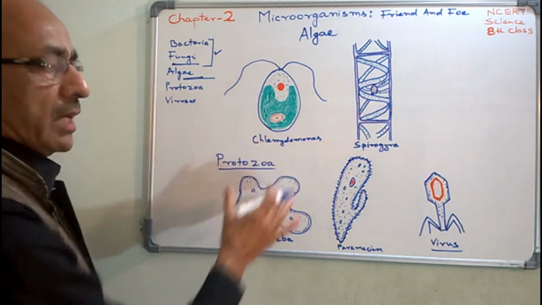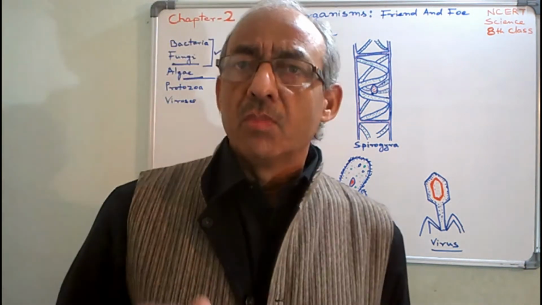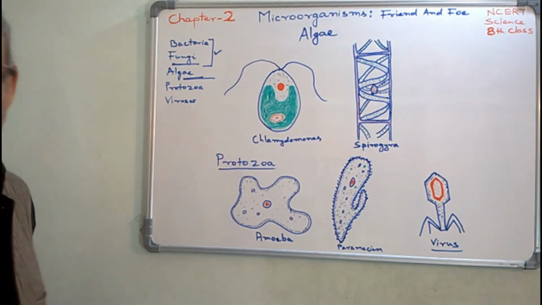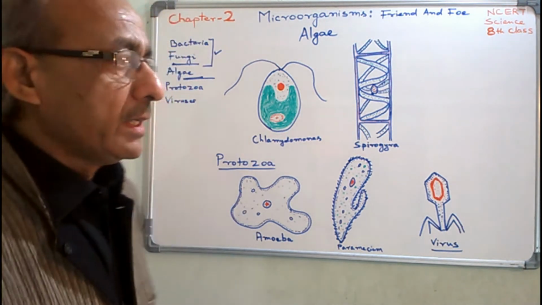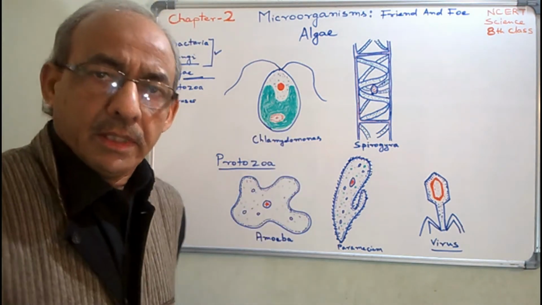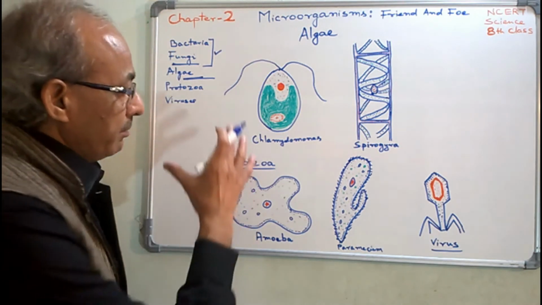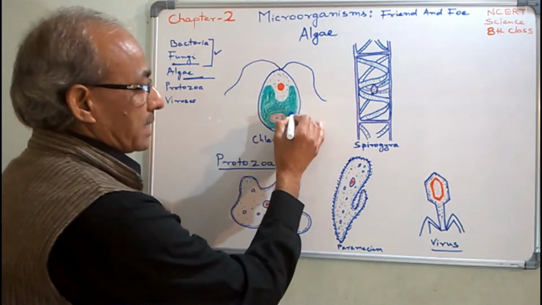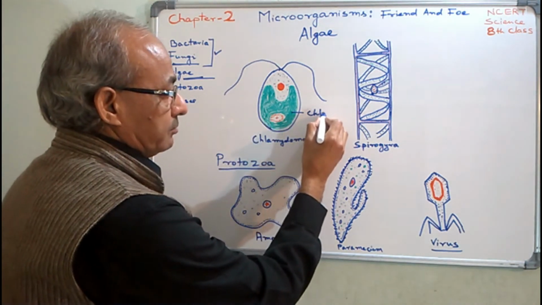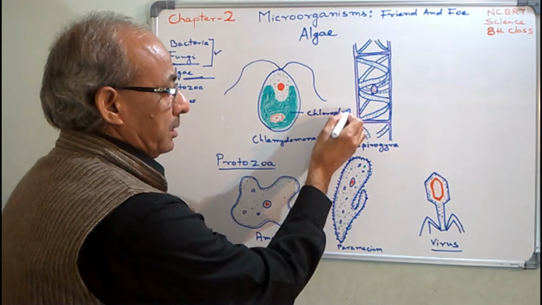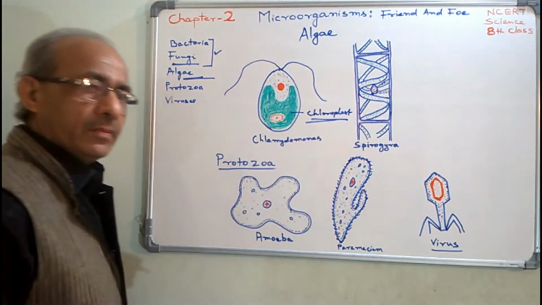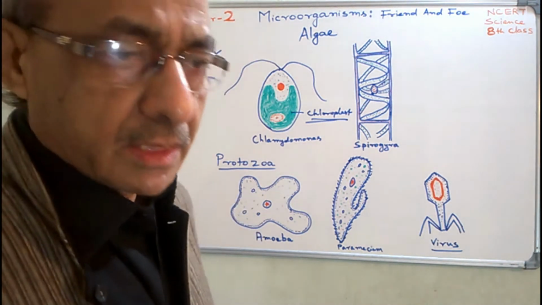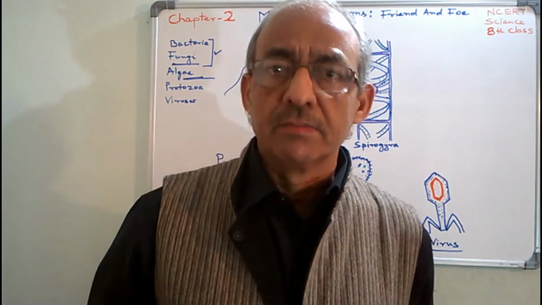This is Chlamydomonas. Chlamydomonas is a single-celled alga, and it possesses a big cup-shaped chloroplast. This is the chloroplast. As they possess chloroplast, it is quite clear that they are capable of performing photosynthesis.